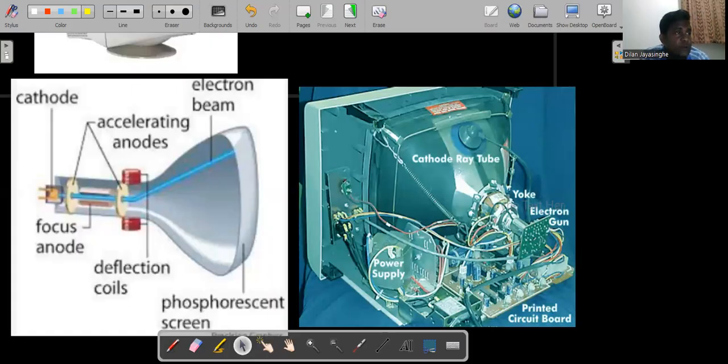Okay. Those are the disadvantages of this CRT monitor, right? Those are the reasons for making this model obsolete, right?